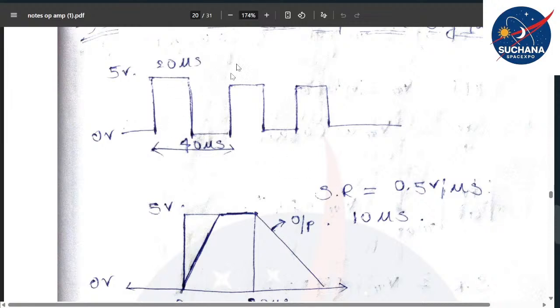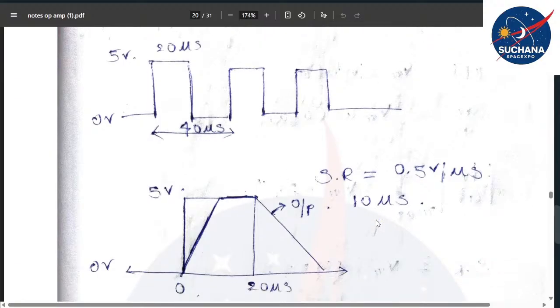Now we will check how this graph came. I'm multiplying this 20 microseconds with the 0.5 volt, and you got 10 microseconds. So it takes 10 microseconds to reach 5 volt. See, I told you that this is 20 microseconds, right?